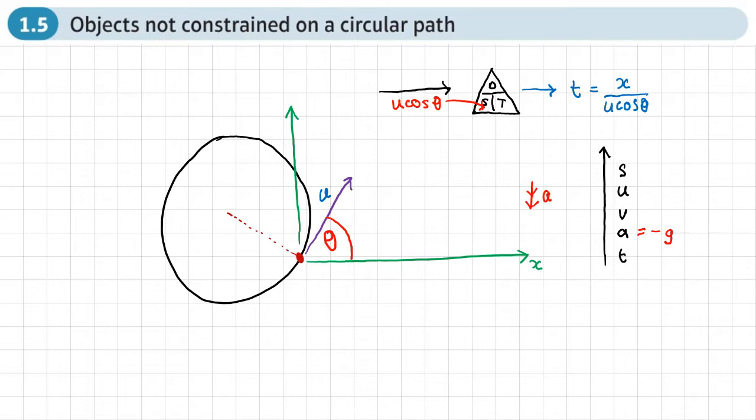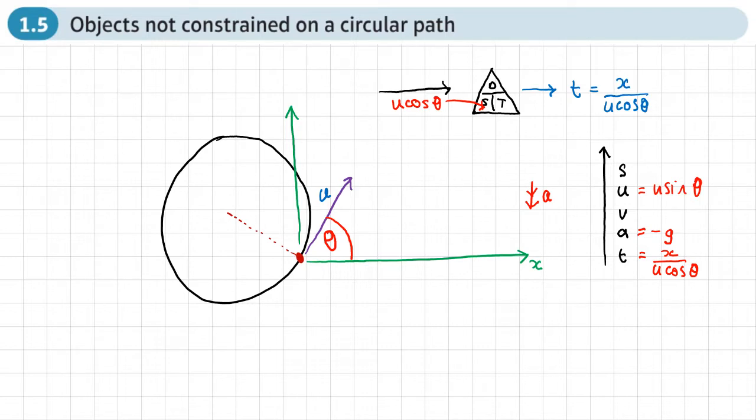T we can take from our horizontal motion, so that'd be x over u cos theta, and u, well, that's going to be the vertical component of the initial speed as it leaves this circular path, and that is going to be u sine theta.